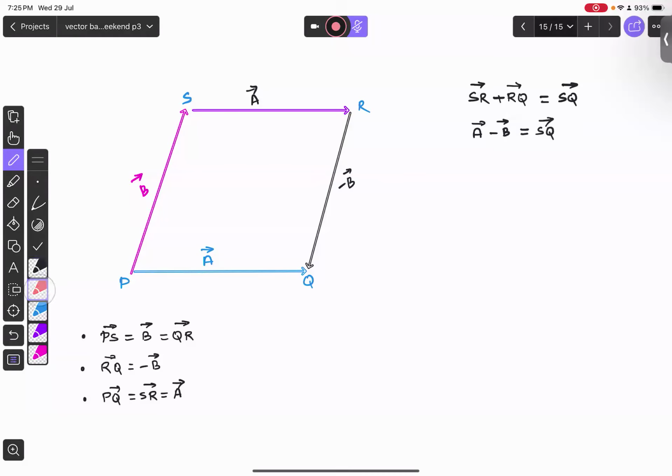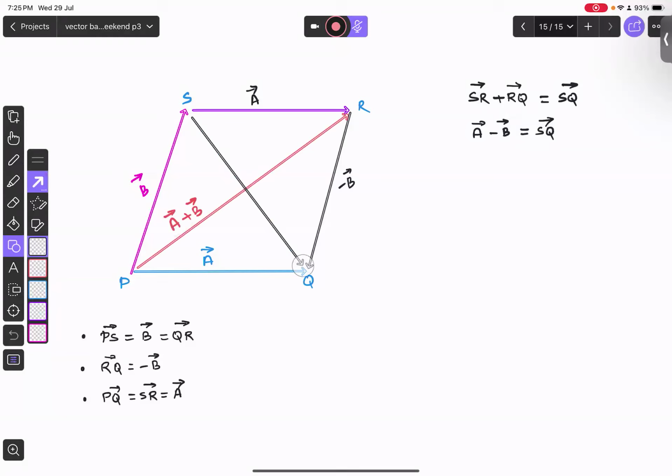So already we knew this diagonal is giving us the resultant of A and B. Now we know that this other diagonal, SQ, is going to give us the resultant of A and minus B. Okay. I hope this point is clear to everyone.